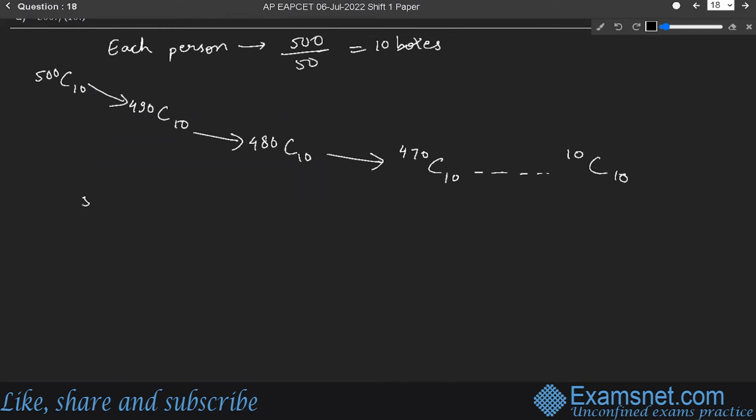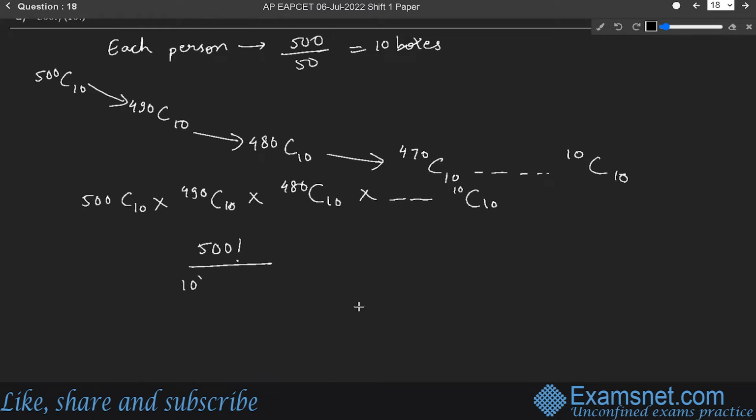So it will be 500C10 into 490C10 into 480C10 into so on up to 10C10. This is the total number of ways. So we can write it as 500 factorial upon 10 factorial power 50.